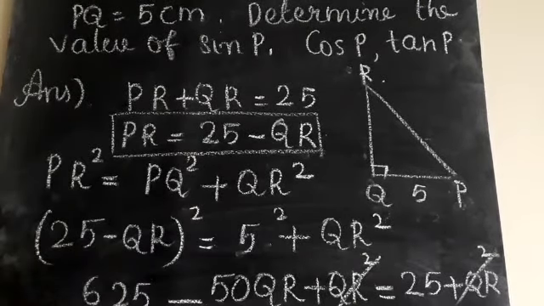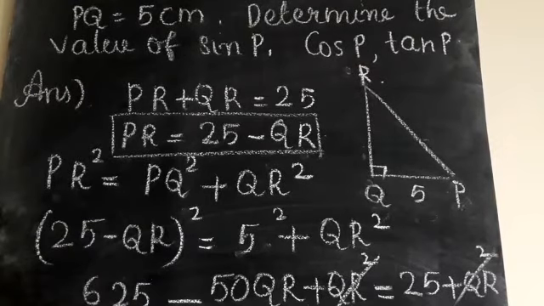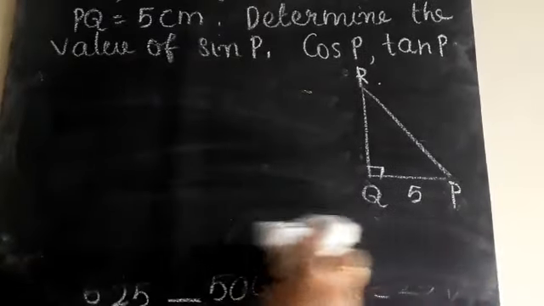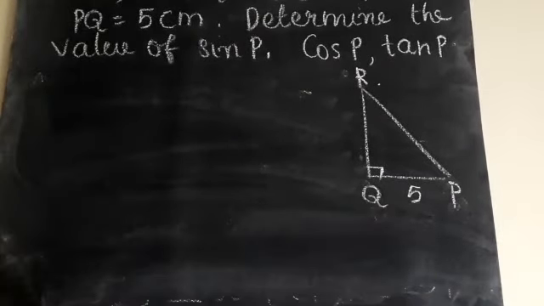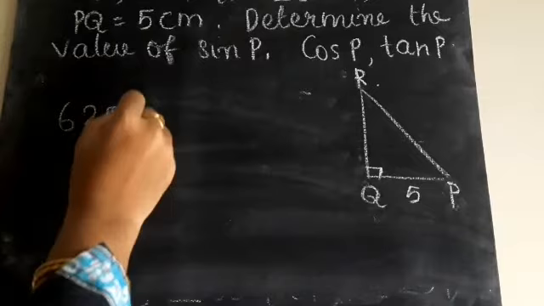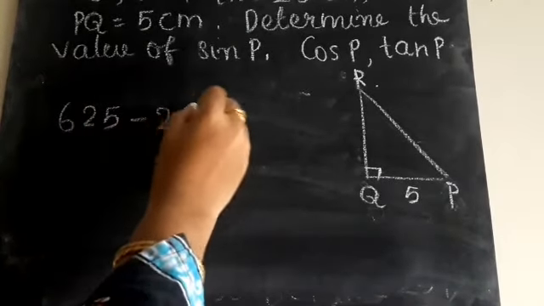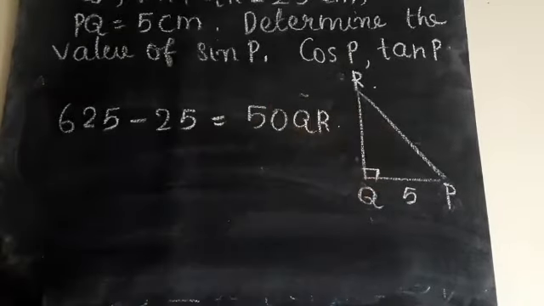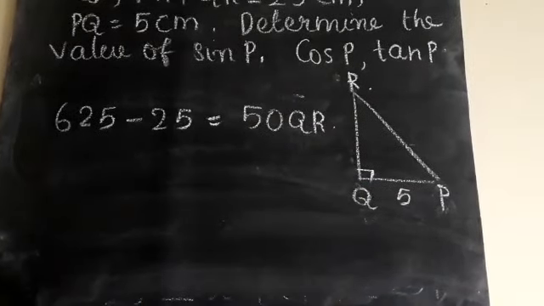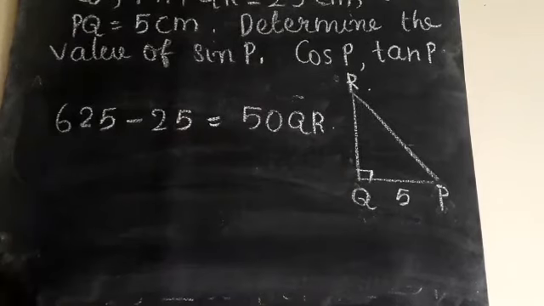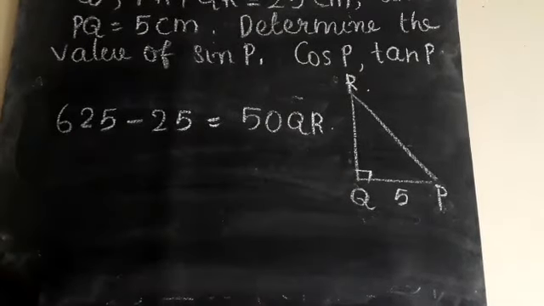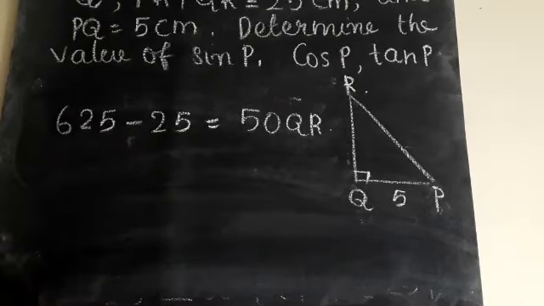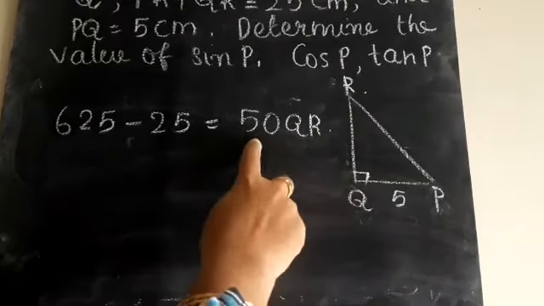After that, what is our aim? Next you have to find out QR from this. So arrange QR on one side. 625 minus 25 is equal to 50 QR. If you arrange QR on one side and numbers on the other side, the plus 25 when you transpose to the left side becomes minus 25, and the negative 50 QR I am transposing to the right side becomes plus.